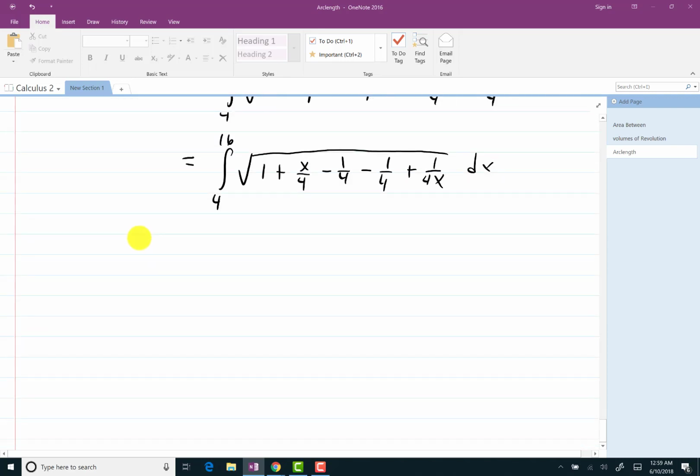And I'll simplify in whatever way is convenient to me at the time. I happen to see that 1 and negative 1/4 and negative 1/4 will end up being 1/2. So the square root of 1/2 plus x over 4 plus 1 over 4x dx.